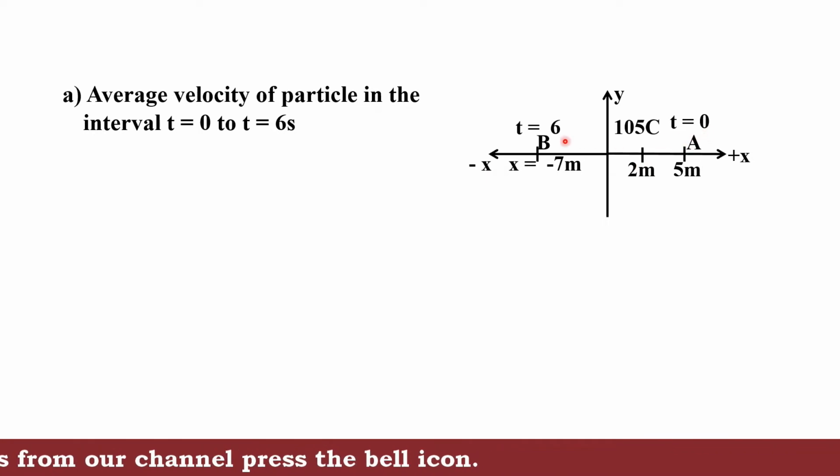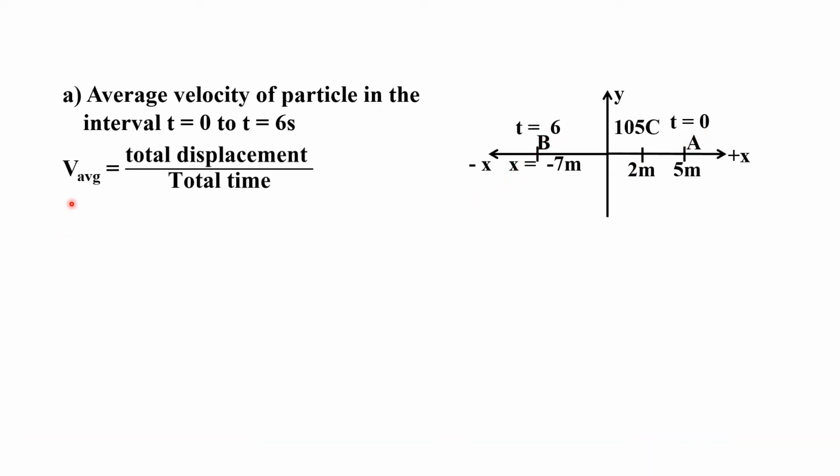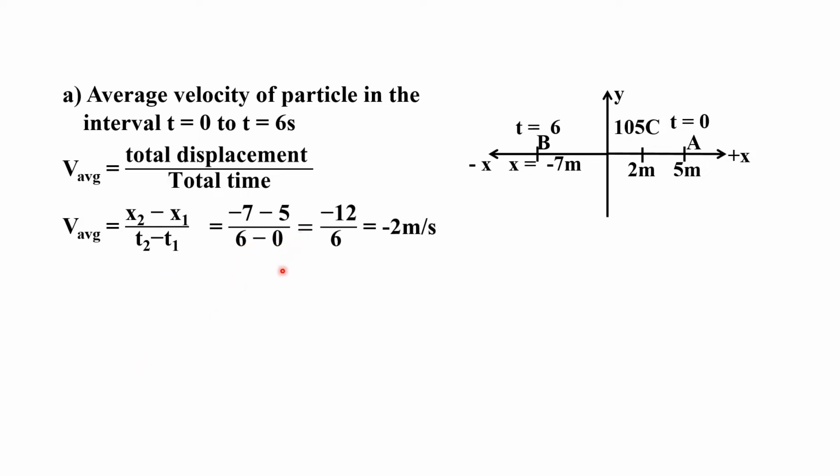V average, that is average velocity, equals total displacement by total time. Substituting x2 minus x1 by t2 minus t1: minus 7 minus 5 by 6 minus 0. Minus 7 minus 5 is minus 12, 6 minus 0 is 6. 6 twos are 12, so minus 2 meters per second.